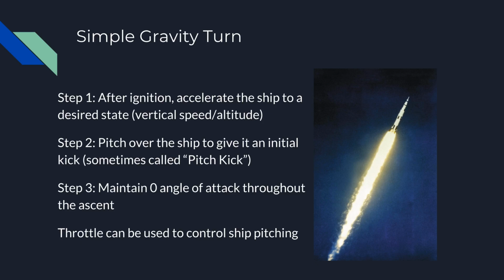Once you reach a certain speed or altitude, usually you have to pass the towers, the launch towers. Once you do that, then you pitch over and give it a pitch kick, or sometimes called a pitch over maneuver. Essentially, you're just turning the ship just a little bit downrange, and then from then on, you maintain zero angle of attack throughout the ascent.